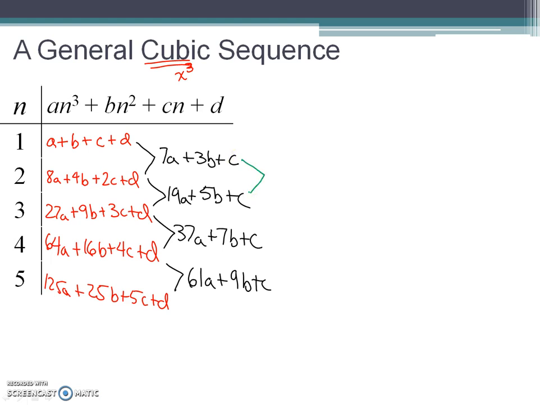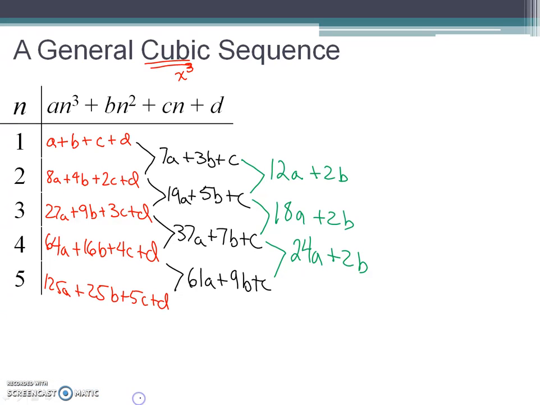So let's look at the second set of differences. 19a minus 7a gives us 12a. 37a minus 19a gives us 18a. And this one gives us 24a. And now to take care of the b's, we get 2b, 2b, and 2b, which is kind of a nice little thing there.